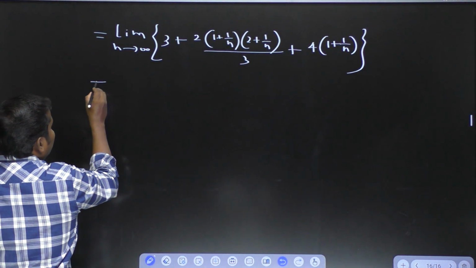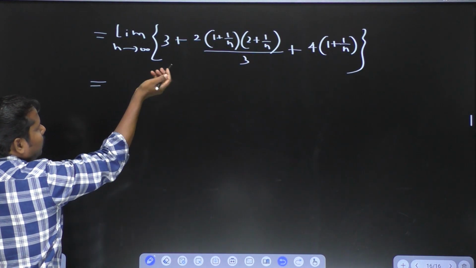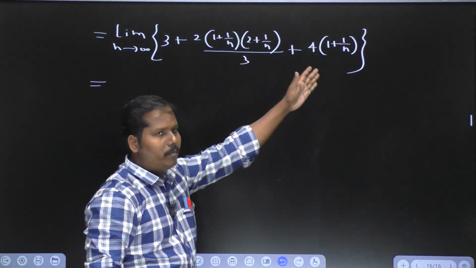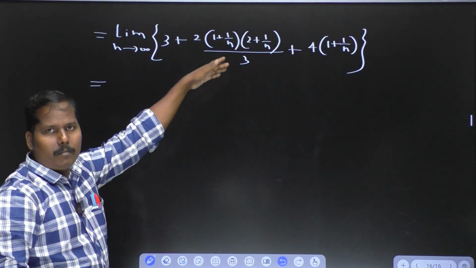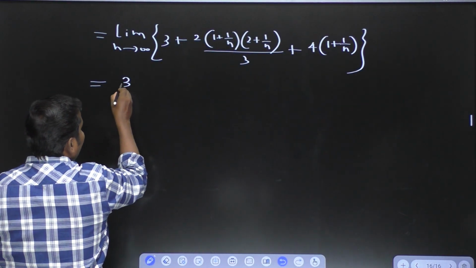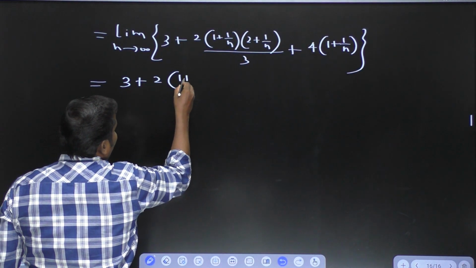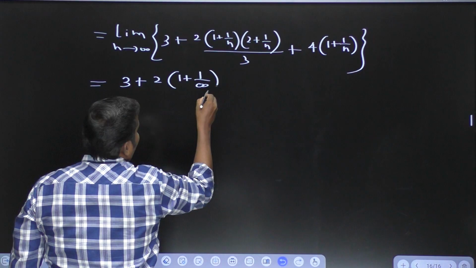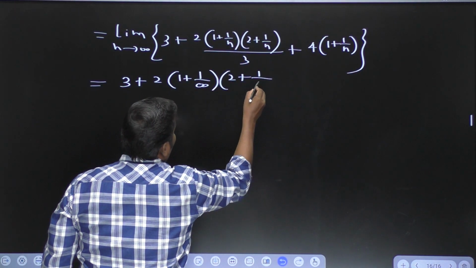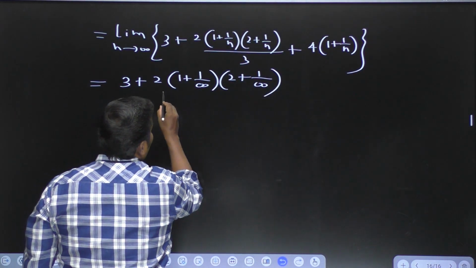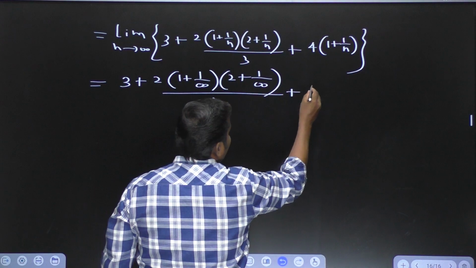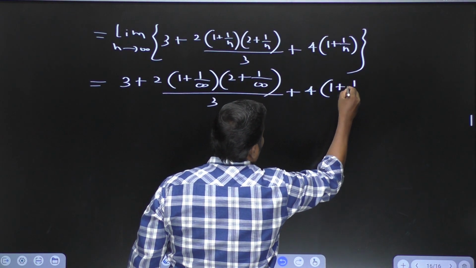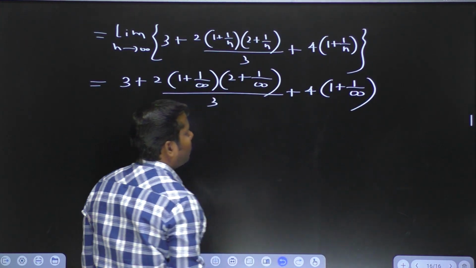And this is nothing but, now it is the right time. See, no n involved on the denominator, wherever you have n, replace it by infinity. So 3 plus 2 into 1 plus 1 by infinity, 2 plus 1 by infinity divided by 3 plus 4 into 1 plus 1 by infinity.